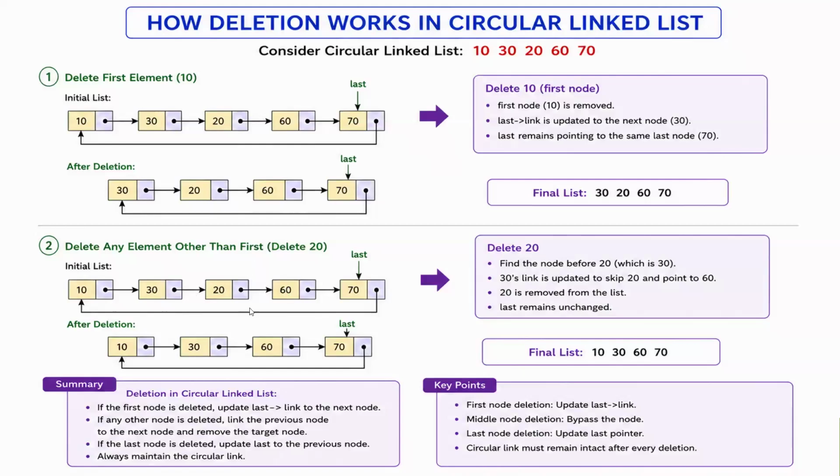And then we will delete element 20. If we want to delete the last element, then the previous links get changed, and also the last pointer variable gets changed. So this is the process of deleting the elements in a circular linked list.